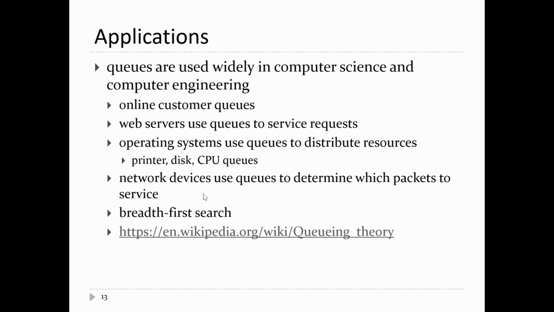Network devices use queues to determine which packets to service. Some information that travels over your network is more important than other information. Typically, your router will do some processing of the packets that arrive on it to determine which ones it should deal with first. A classic search algorithm in computer science is called breadth first search.